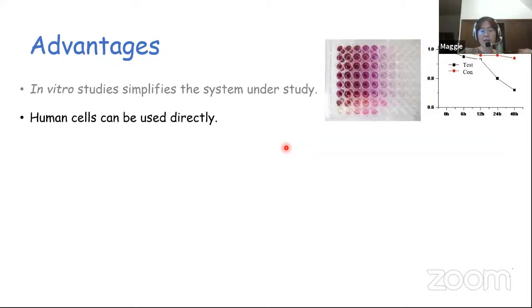And then next we perform the human studies. However, if we use in vitro studies, the human cells can be used directly. For example, we can use human cancer cells in this in vitro experiment, and then we can directly evaluate the anti-tumor effects of the new compounds. So it makes the experiments much easier.